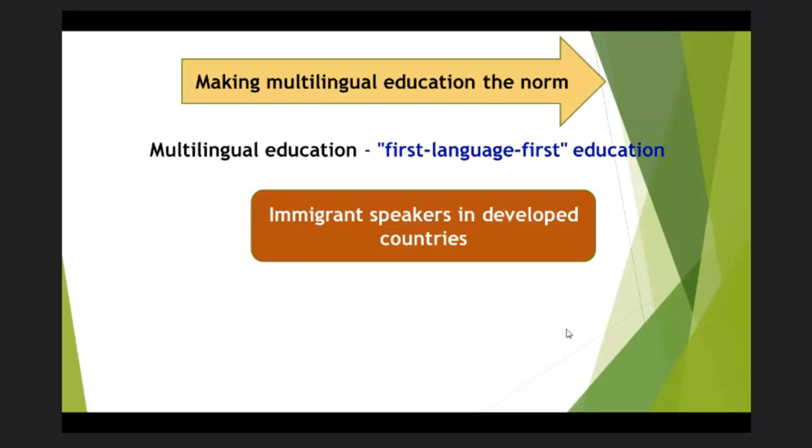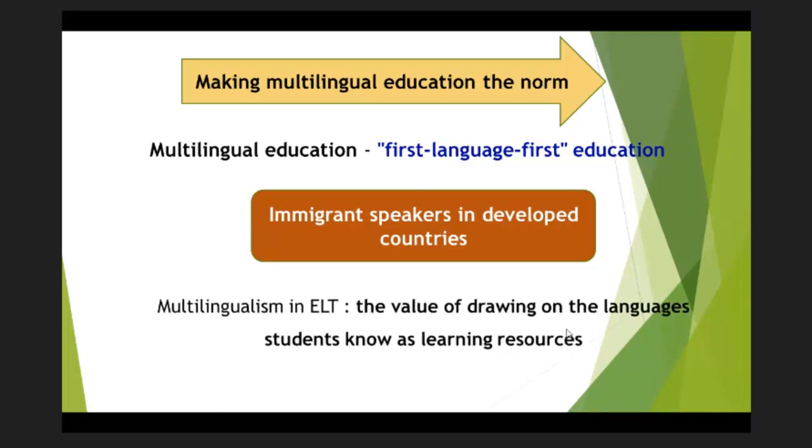And this educational model is increasingly recognized by a lot of big organizations like TESOL, ETS, or the British Council, and they mention the value of the languages that students know as learning resources. Those languages may be their mother tongue, their native language, or their first language.